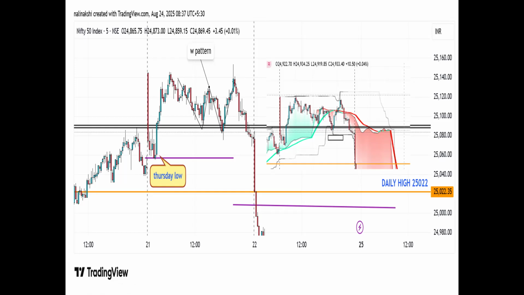This is the gimmick by the smart money. Sometimes they push the market higher, sometimes they bring it down. That is where the confusion is for traders.